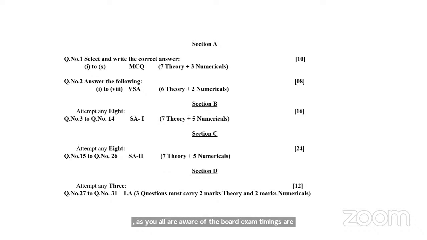So exactly at 11 o'clock, you can start solving the questions of your choice, which you have already made. Fine. So these are the tips about how to make a choice for the questions which are to be selected.